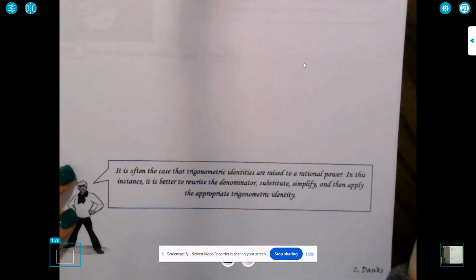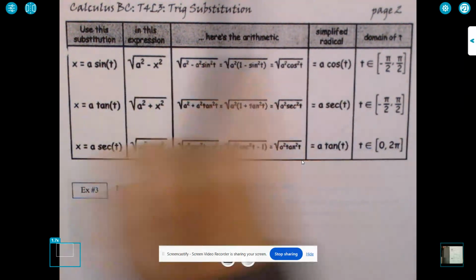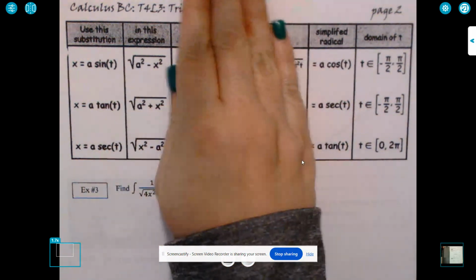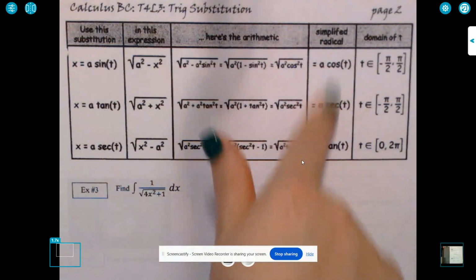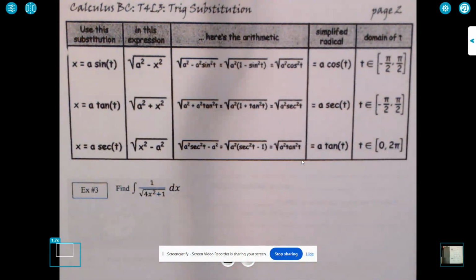All right, so let's go up here to the top. What you're going to see up here at the top is all this is already in, I think we left this part out on your flip book, but I'm pretty sure we have the substitution, the expression, what it ends up equaling, and our domain for that in your flip book. And that's what we're going to refer to.